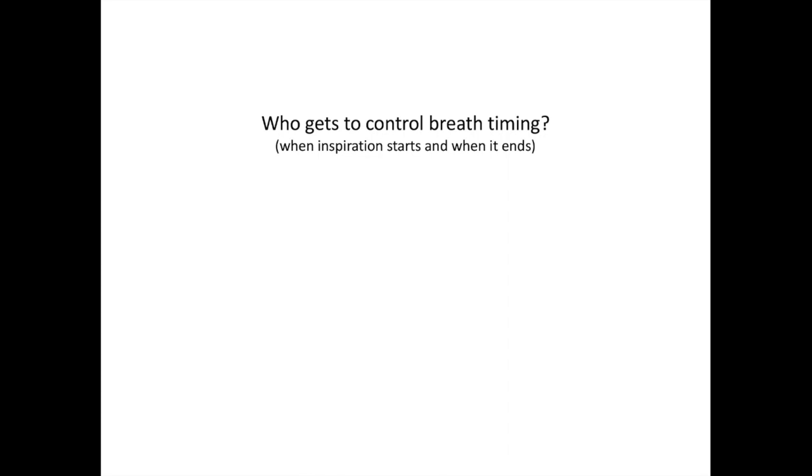Therefore, a fundamental question about mechanical ventilation is who gets to control that process, who gets to control breath timing. That is, when inspiration starts and when inspiration ends, because that's the ventilator's work. The ventilator's work is to provide inspiration, and it just needs some direction about when inspiration should start and how long it should last.